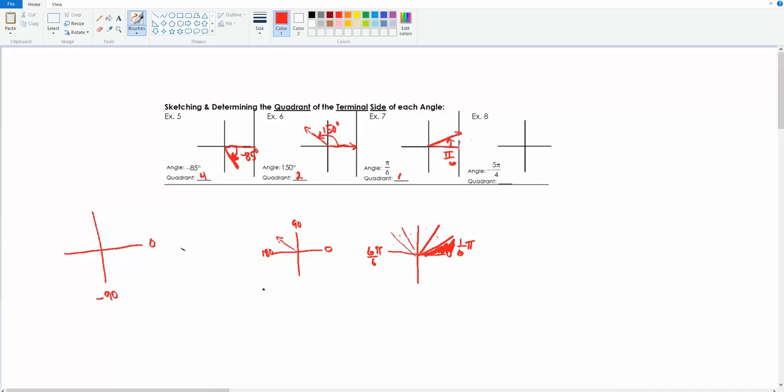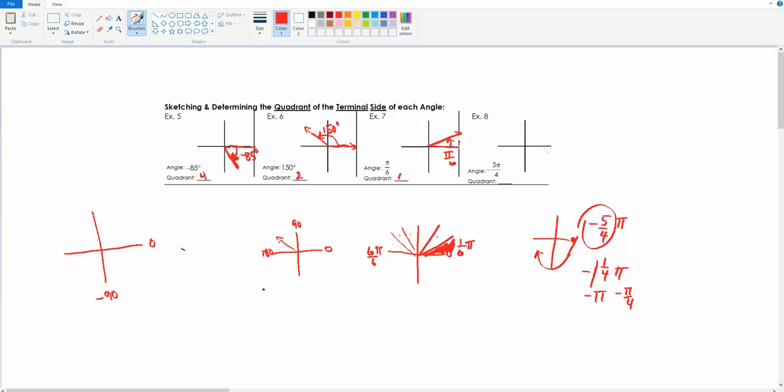All right, the next one, negative 5 pi over 4. Well, it's obviously going in this direction. Starting from here, it's negative. And negative 5 pi over 4, turn this into a mixed number, however you want to think about it. Let me see, 4 goes into 5. So this is negative pi and negative pi fourths.